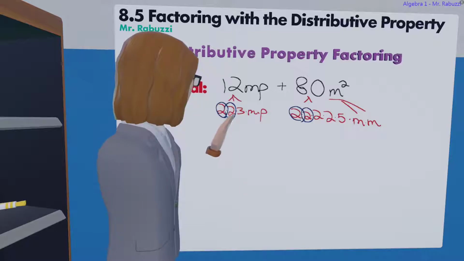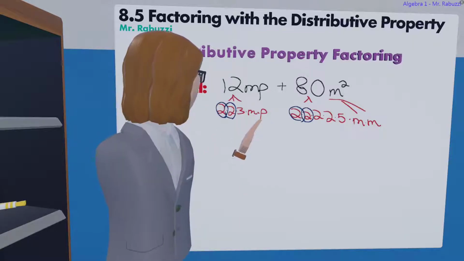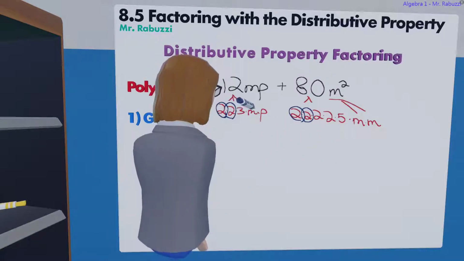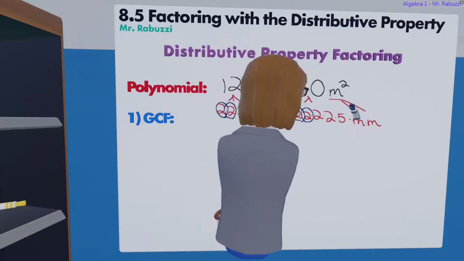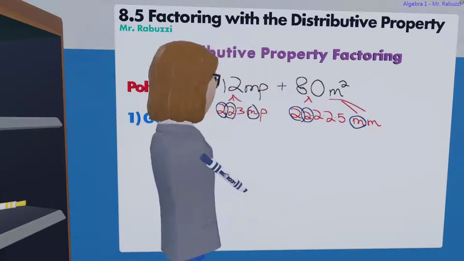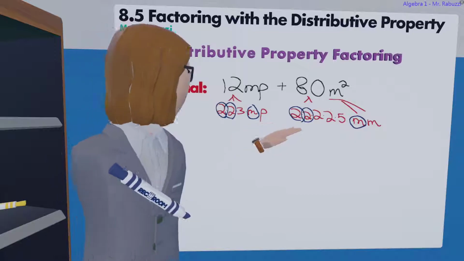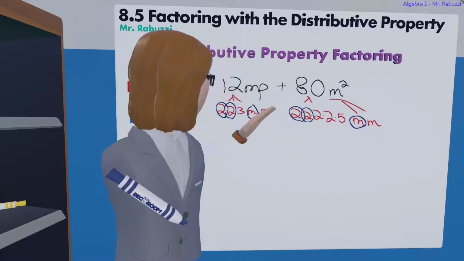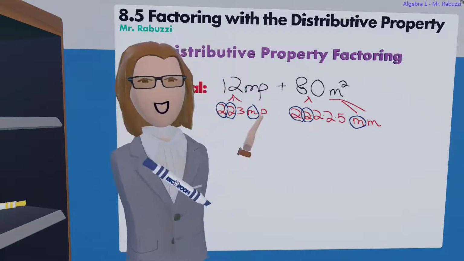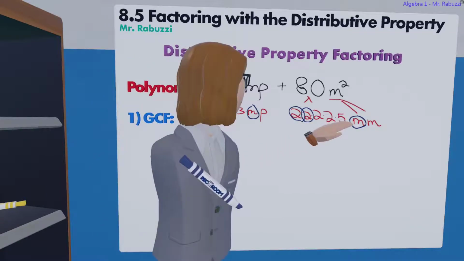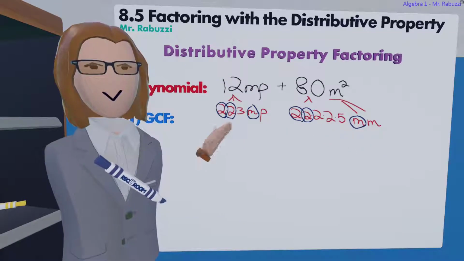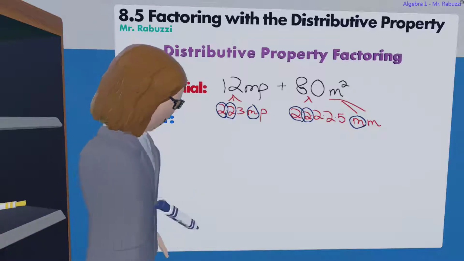It's not shared. We have an m and a matching m. We have a p and no matching p. And on this side, we have some extra 2's, a 5 and an m that don't have a match. So we're done.